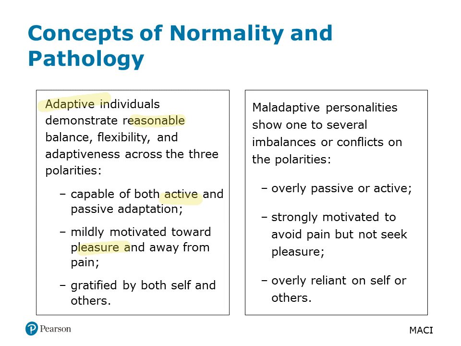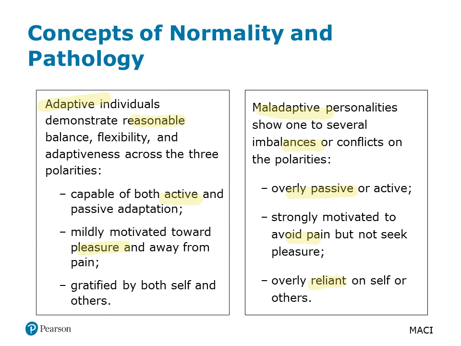On the other hand, when you think about maladaptive personalities, the adolescents or teenagers who might come to see us in our offices, they are individuals who show imbalances or conflicts on the polarities. Some might be overly passive, some might be overly active, some might be strongly motivated to avoid pain but not seek pleasure, some might rely more on the self, some might rely more on the other.